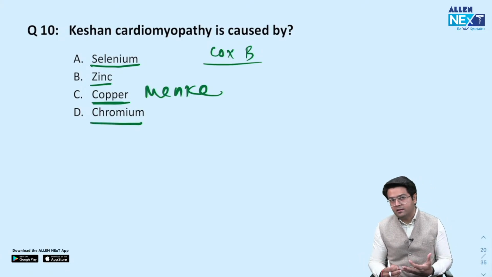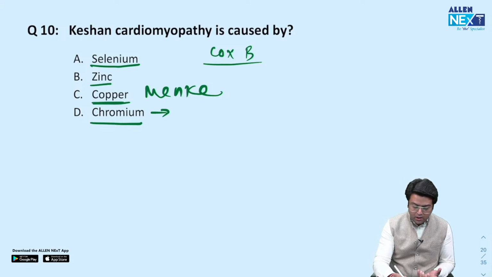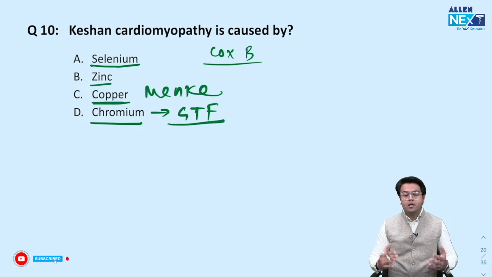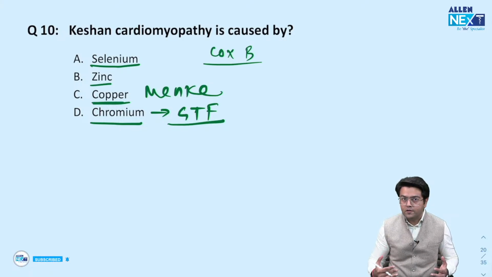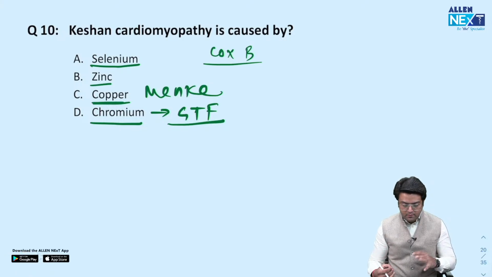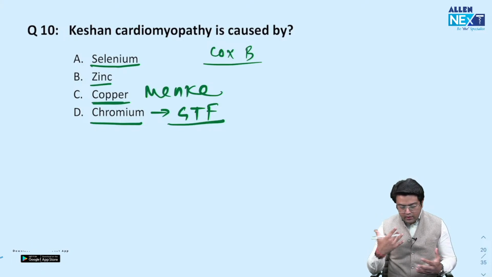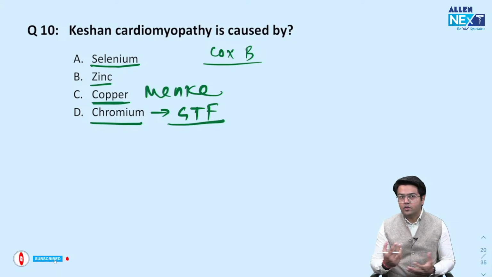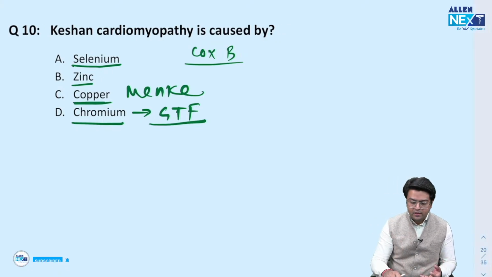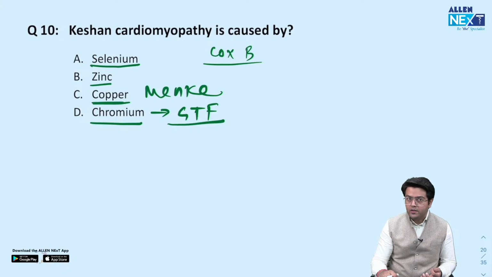Chromium deficiency is not actually seen, but chromium is a part of glucose tolerance factor, right. So chromium is part of that. Okay, so that is increasing the insulin sensitivity. So that is why chromium has been tried in the treatment of diabetes also, right.